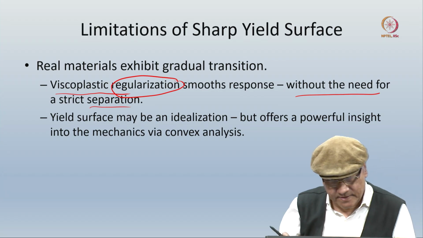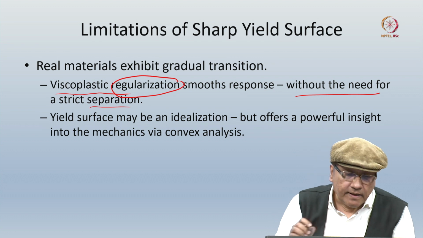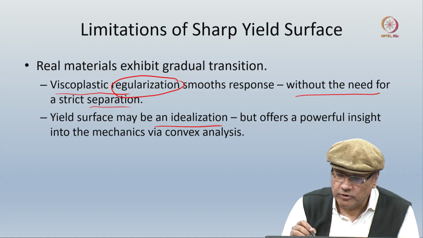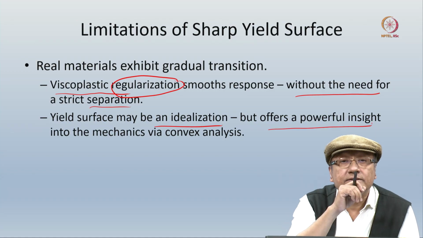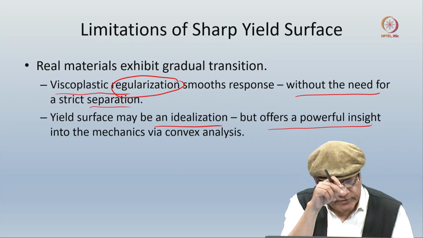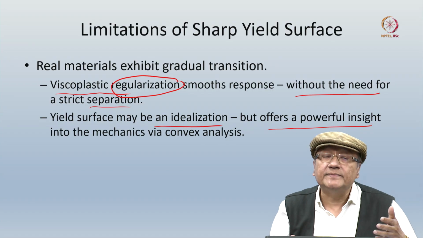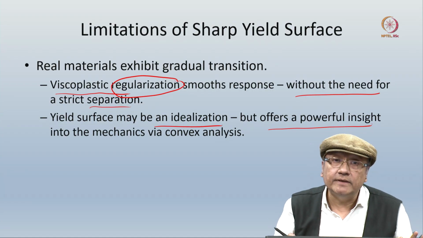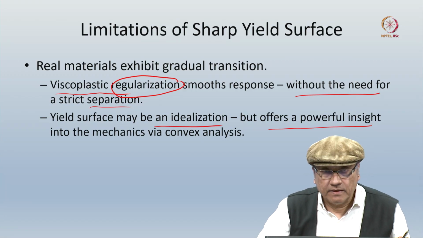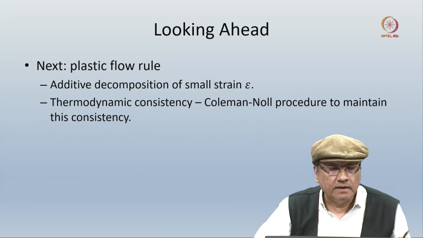But there is one very interesting thing with this yield surface. It may be an idealization, in some cases a good idealization, but it offers a very powerful insight into the physics through the mathematical tools of convex analysis. It is not just something that I am saying, I will be showing you how, in the mechanics of plasticity. It offers a very useful insight.